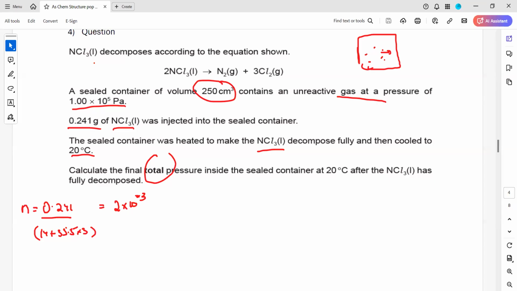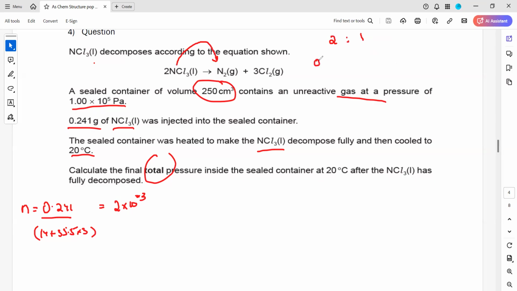Now we'll use a mole ratio. What will be the mole ratio? First, the mole ratio between nitrogen and NCl3. The mole ratio is 2:1.